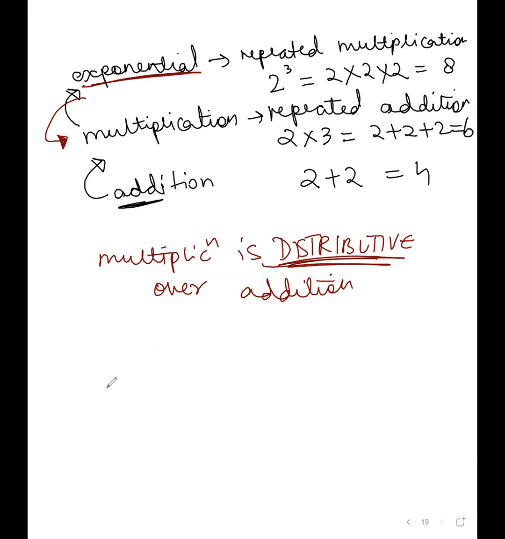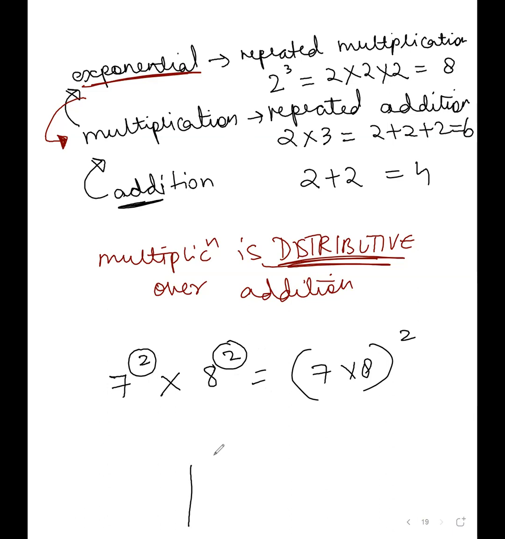That is why when you have exponential, let's say 7 squared multiplied by 8 squared, this is exponential, and in between we have a multiplication, so we can take the exponential as common: 7 into 8, the whole thing squared. But if you have a plus over here, you can't do the same thing. You can't take it as common. Got it? Yeah. Okay.